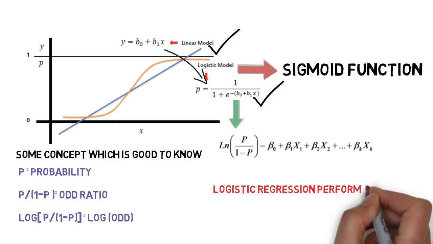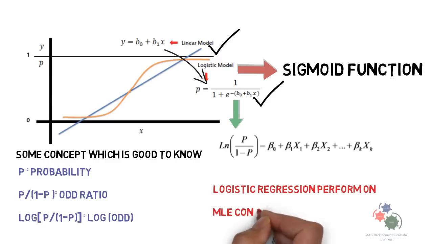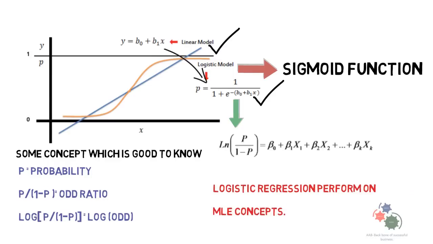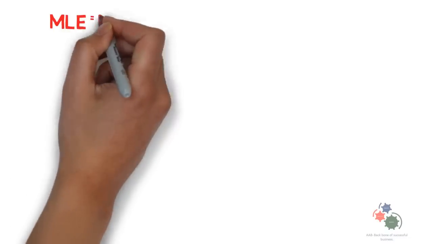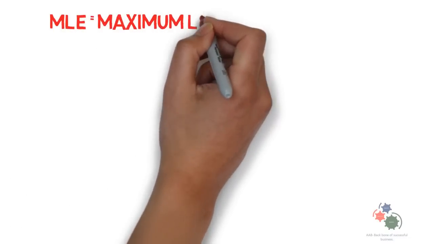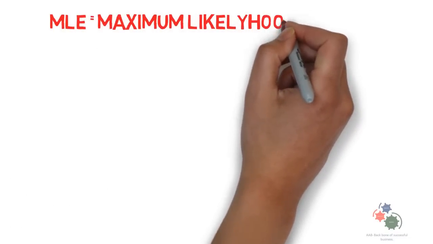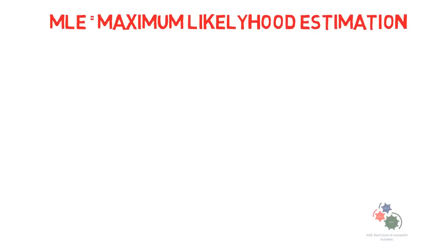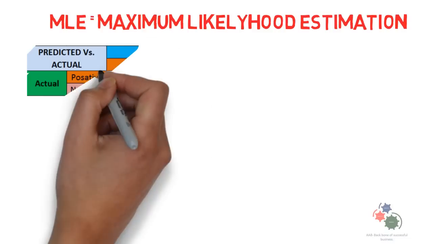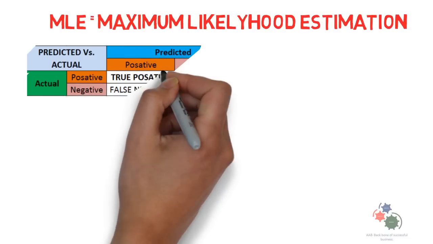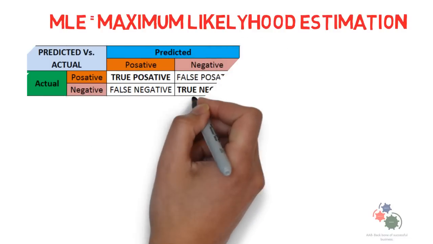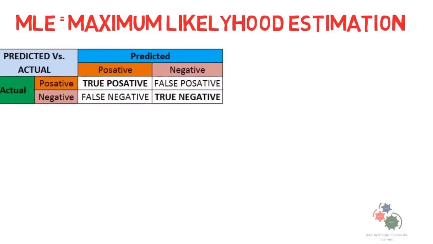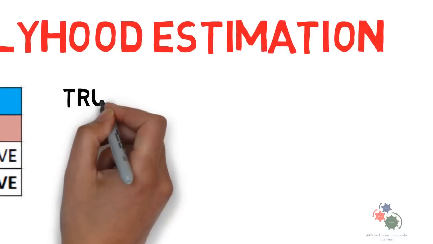Logistic regression is performed on the MLE concept, maximum likelihood estimation. Let's understand it by the below table. Here we plotted predicted versus actual. True positive rate is called sensitivity.